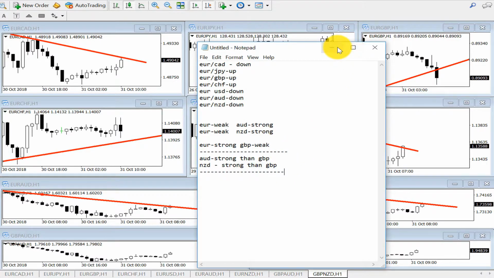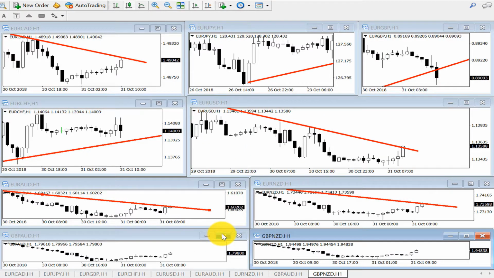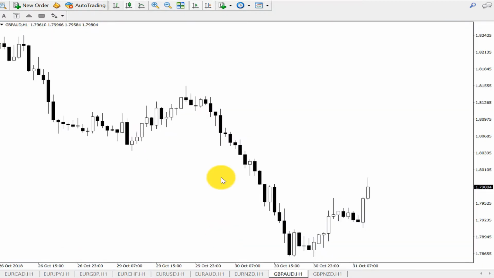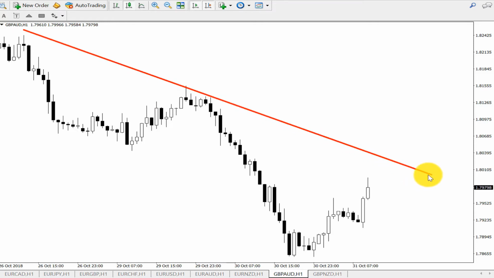So now we can check our chart. This is GBP AUD, pound against Australian dollar. We can clearly see in our chart that this is in downtrend. So GBP is weaker than Australian dollar.